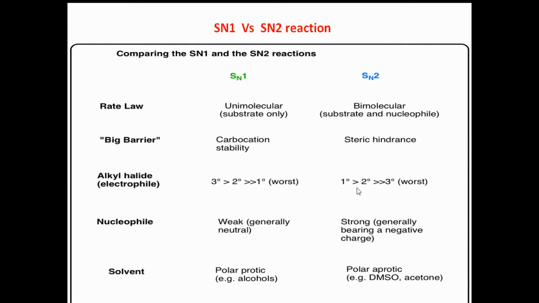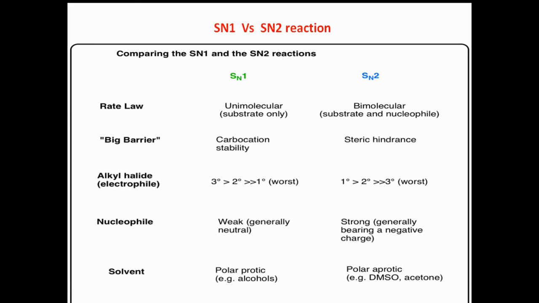Whereas in SN2 reactions, primary alkyl halides undergo faster reaction compared to secondary. Then the nucleophiles used in SN1 reactions are weak, whereas for SN2 we require strong nucleophiles. The solvents required in SN1 are polar protic solvents such as alcohols, whereas in SN2 reactions polar aprotic solvents are used such as DMSO and acetone.